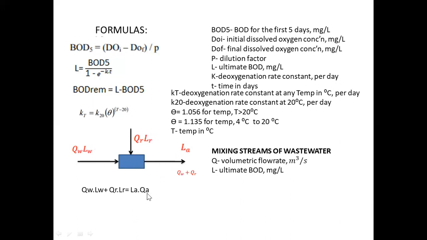If we expand QA here, this gives us QW plus QR. Now, to solve for LA, we need to manipulate the whole working equation by dividing it by QW plus QR. This gives us LA, the ultimate BOD for this mixed stream or solution. LA is equal to QW times LW plus QR times LR all over QW plus QR. Now, our next video is a first sample problem for BOD calculations.